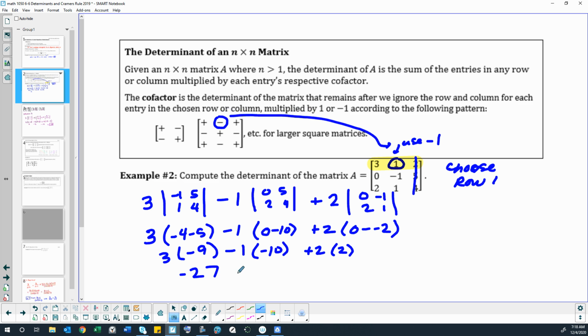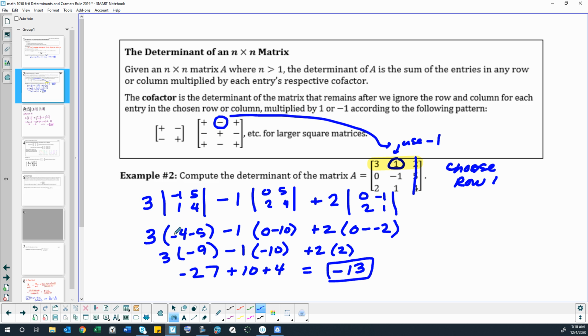So that's -27. -1 times -10 is +10, and then +4. And the resulting determinant is -13. Like I said, a determinant can be negative, even though we use the little absolute value symbols, indicating that we're finding that value, that determinant of that matrix. So that's how we do it.